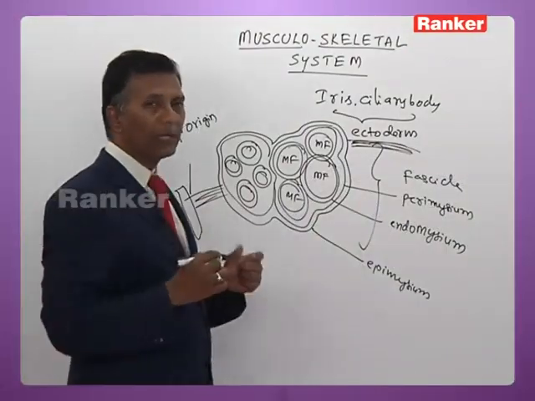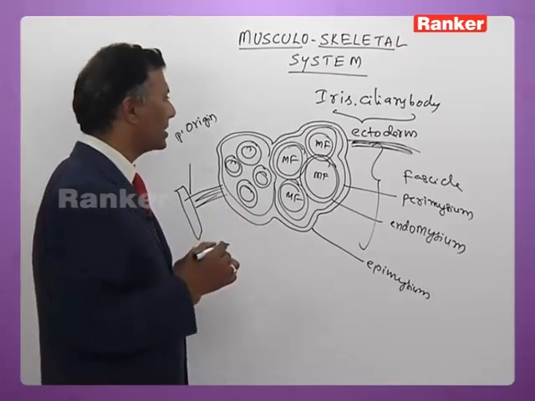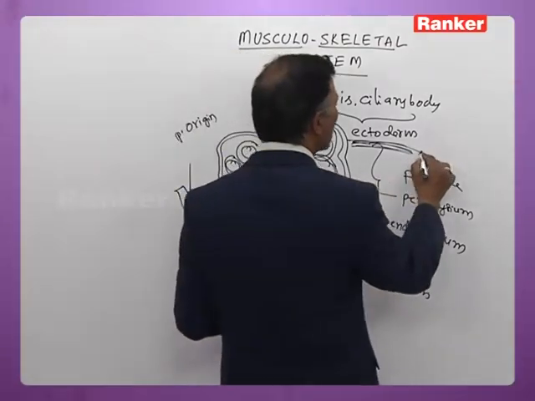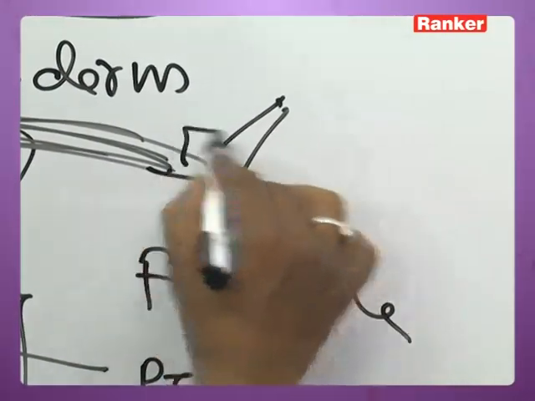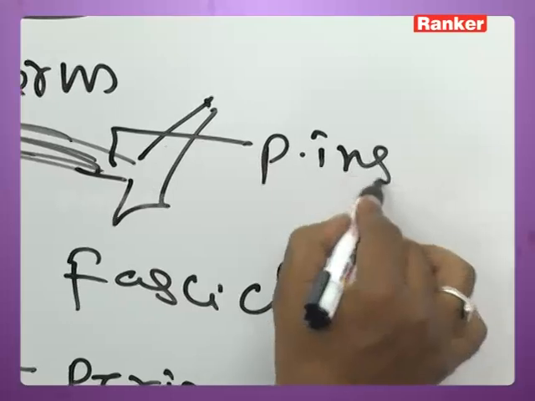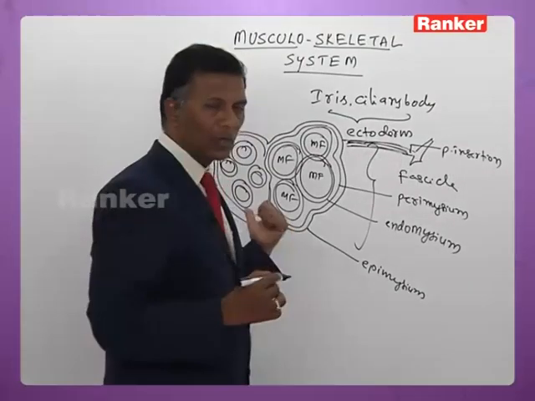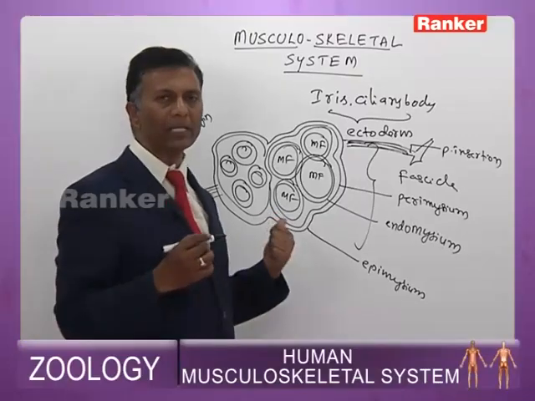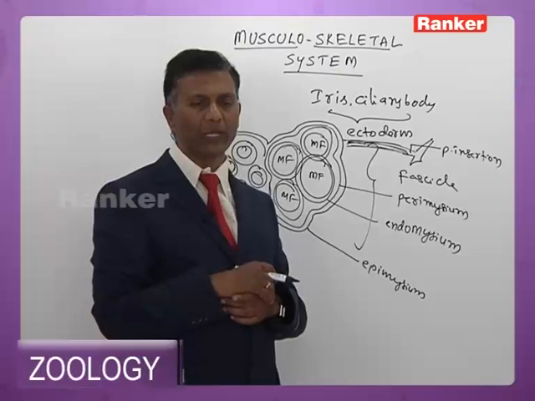The point of attachment of the muscle to a bone where the bone is stationary is called point of origin. And the point of attachment to a bone where the bone is movable is called point of insertion. Usually at the point of origin, the bone remains stationary. At point of insertion, the bone moves from place to place.